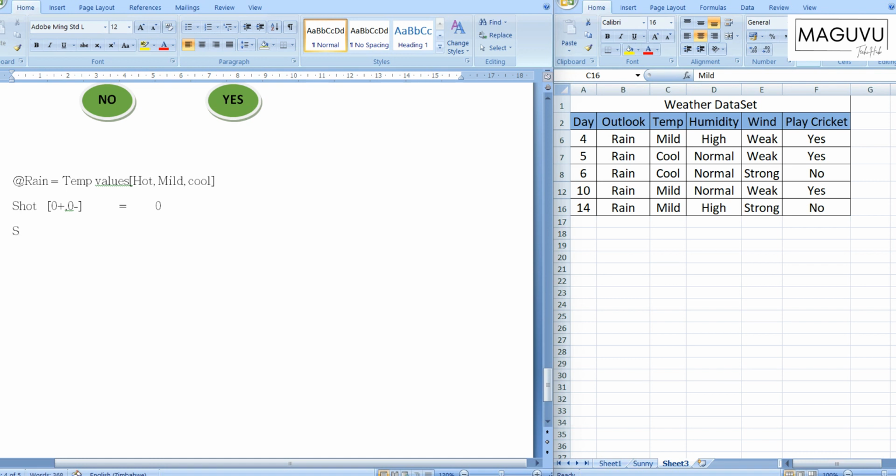We go ahead and do mild. The representation of mild there, we have 3 times that it appears, and of those 3 times we have 2 yes and 1 no. So let's represent that with 2 positive and 1 negative.